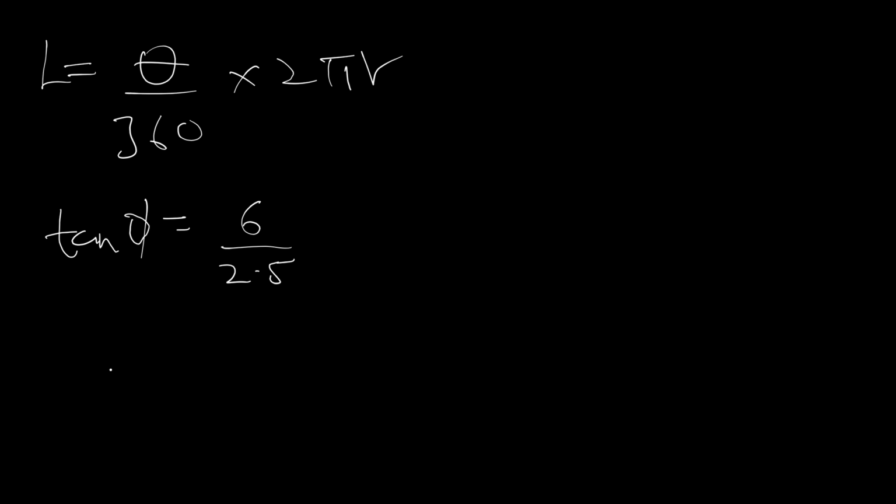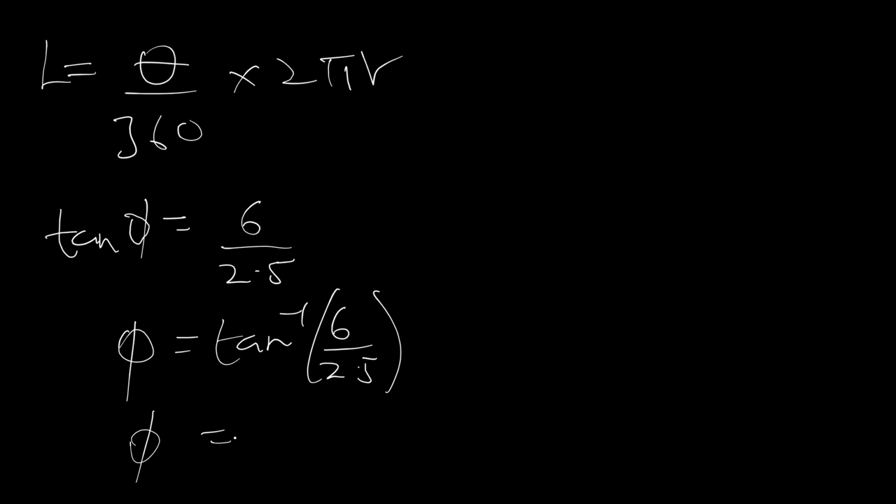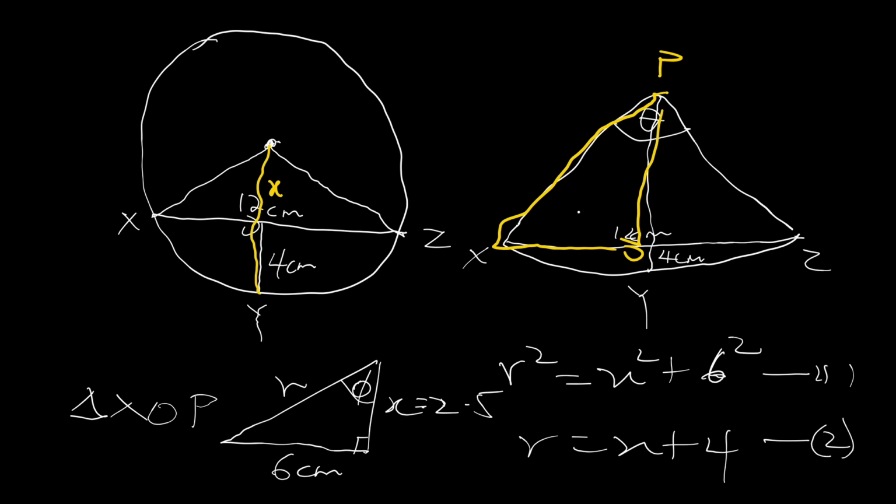So when we find the tan inverse of 6 over 2.5, then our phi becomes 67.38 degrees. But then from our diagram, just this is phi. So the whole of this will be 2 times phi, so the whole of this will be 2 phi.